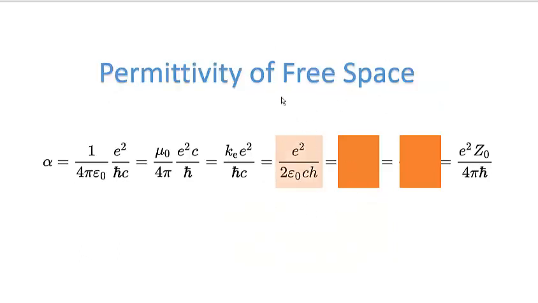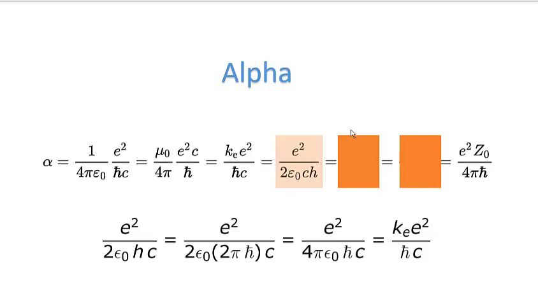So now we're going to have a look at this one here, which is written in terms of permittivity of free space and is also using non-reduced Planck's constant instead of reduced Planck's constant. And so this maps out like this. So this term here, we do the same treatment to the unreduced Planck's constant, and we get this term here. And when you multiply the 2's here, you get this term here, 1 over 4 pi permittivity, which of course is the Coulomb constant.